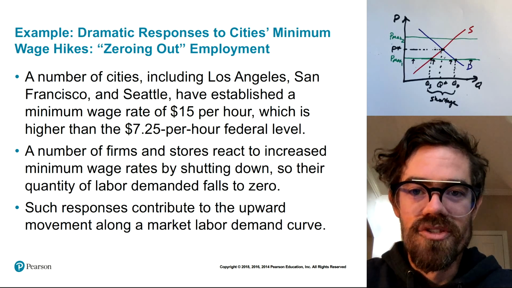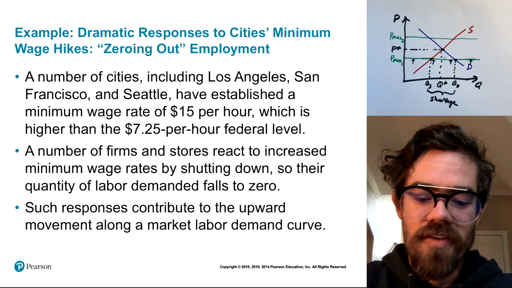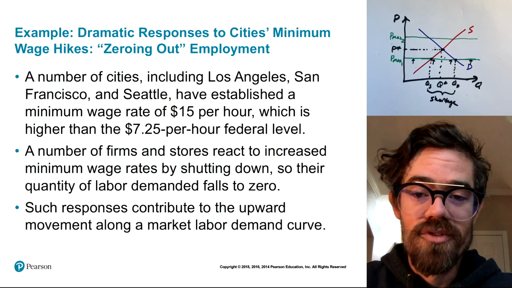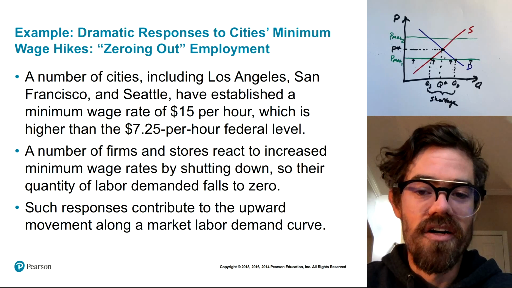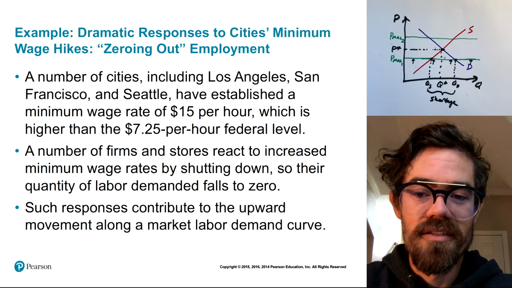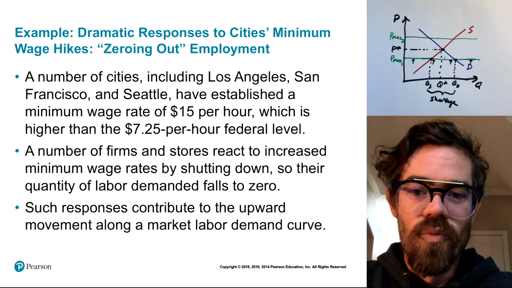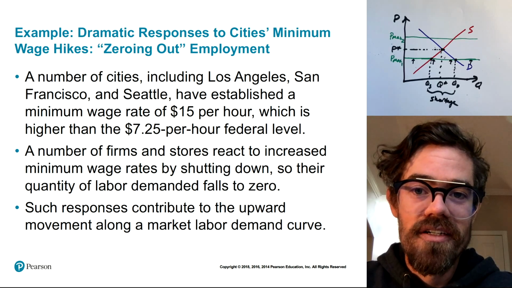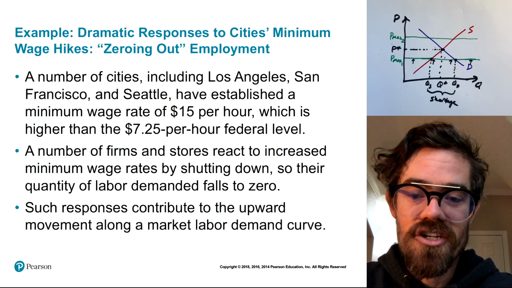Another result has been that a lot of jobs are being replaced by machines. This isn't happening as much here in Georgia because Georgia hasn't increased its minimum wage, but in places like California, when you go into McDonald's, you may find yourself ordering from a machine rather than a cashier.